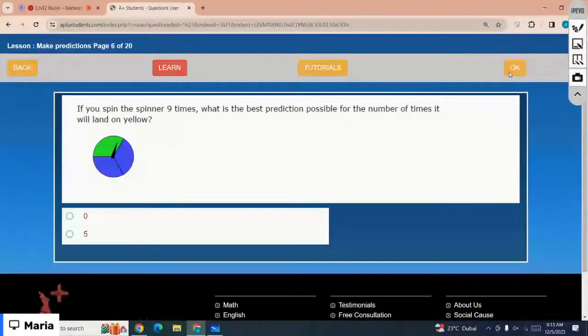If you spin the spinner 9 times, what is the best prediction possible for the number of times it will land on yellow? Which is the correct option?